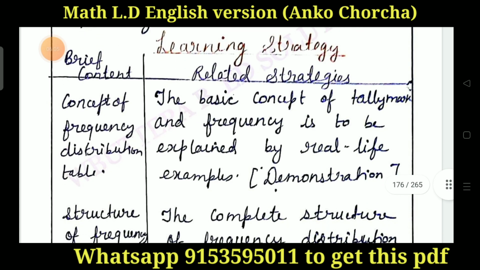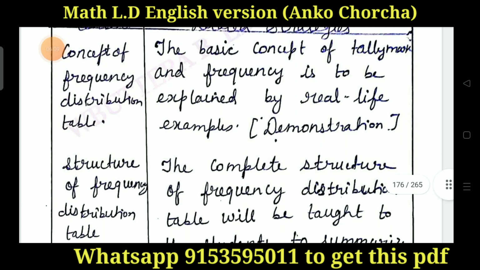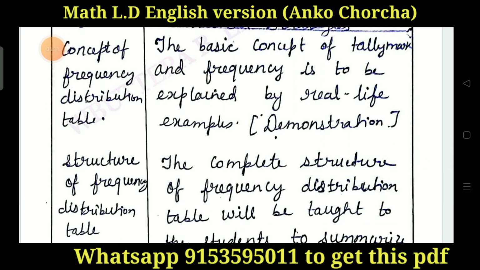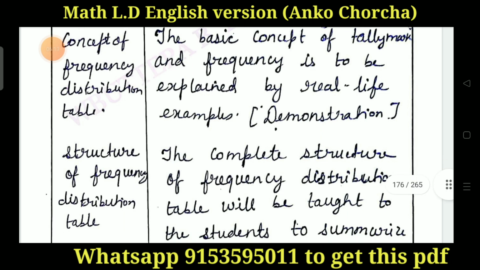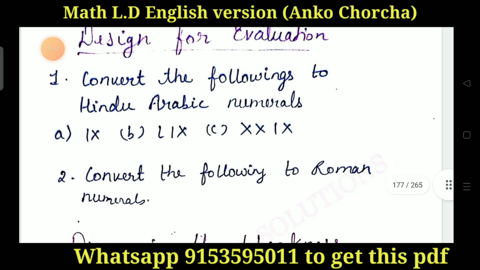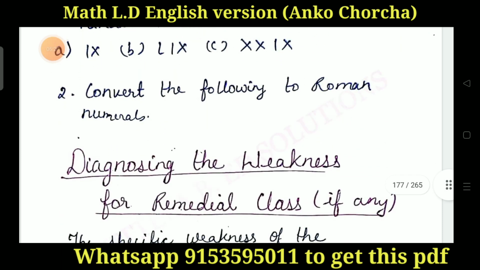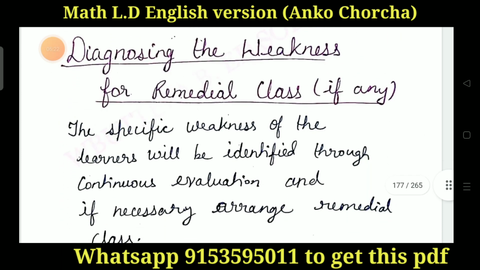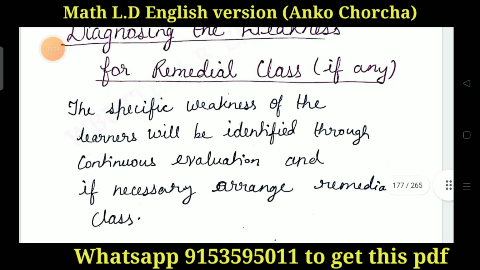Learning strategy: there are two types, brief concept and related strategies. Conceptual frequency distribution table, structure of frequency distribution table. Design for evaluation: there are some questions. Diagnosing the weakness for remedial class, if any.